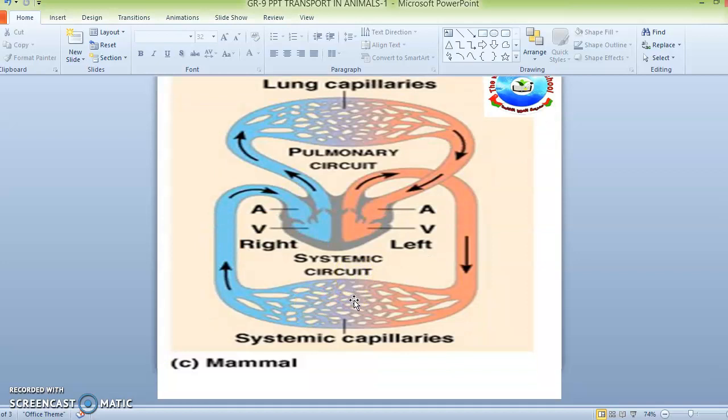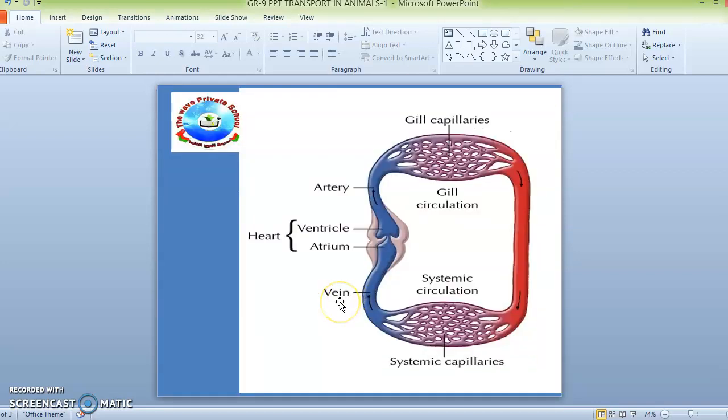However, the single circulatory system we can see in fish. Fish have a circulatory system in which the blood passes through the heart only once on a complete circuit. From here it goes through the arteries. The blood passes through the arteries to the gills. Here, like the network in the lungs, they have gill capillaries.